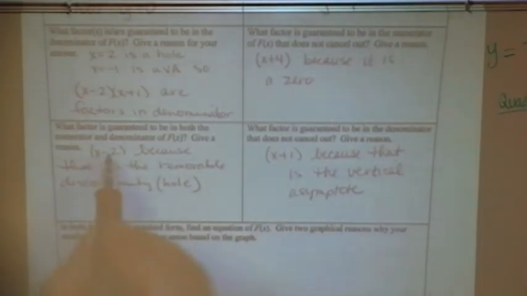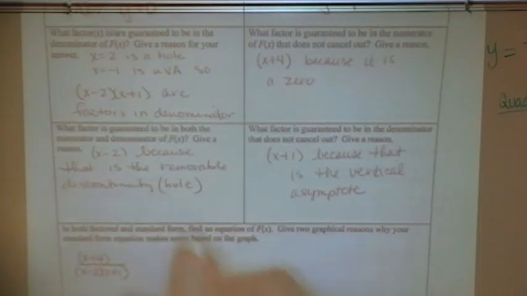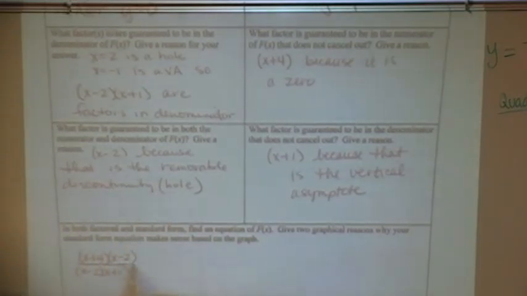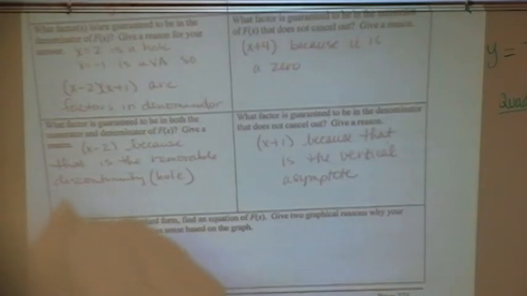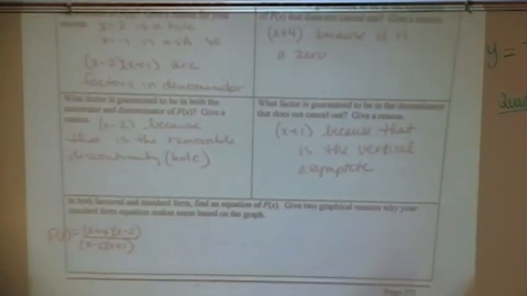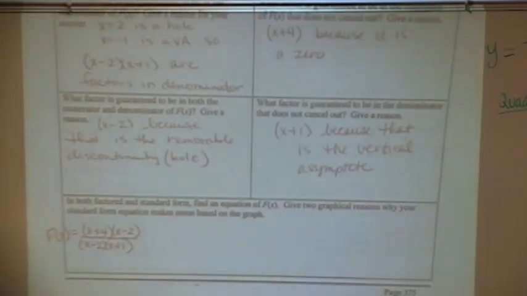We know x minus 2 is also going to be in the numerator because those are the removable discontinuities. So that is f of x in factored form. In standard form, we just have to FOIL out the top and the bottom.